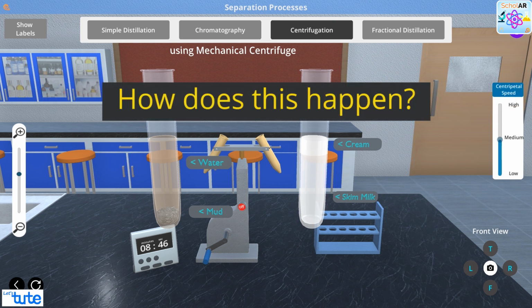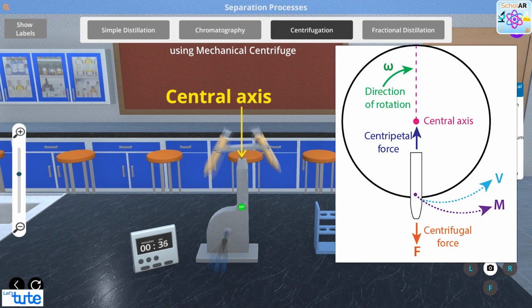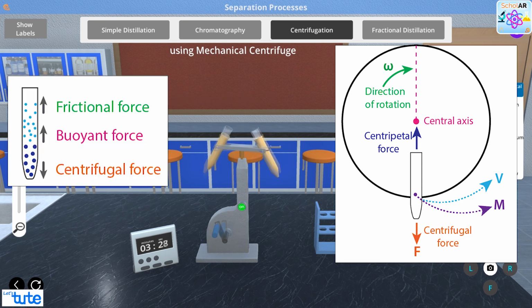Now, how exactly does this happen? As the rotor spins around the central axis, it generates a centrifugal force acting to move particles away from the axis of rotation. If the centrifugal force exceeds the buoyant force of the liquid media and the frictional force created by the particles, the particles will sediment.